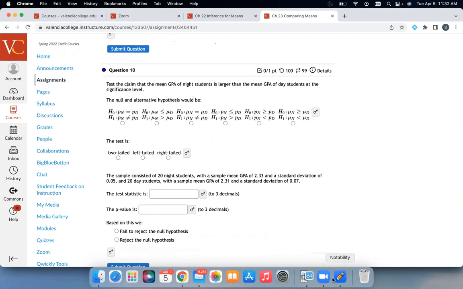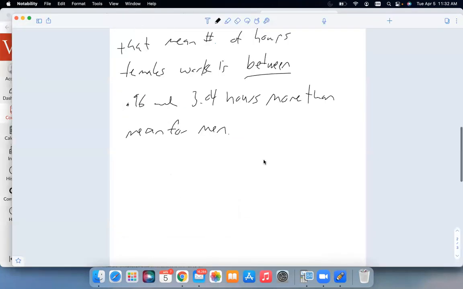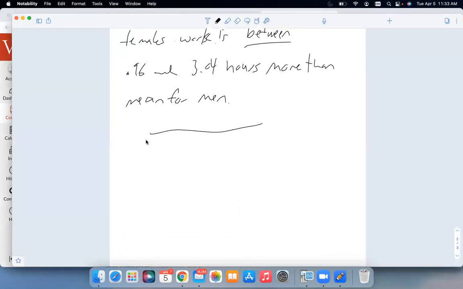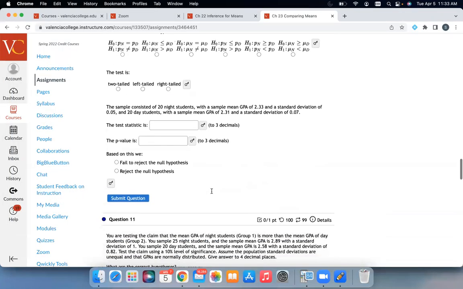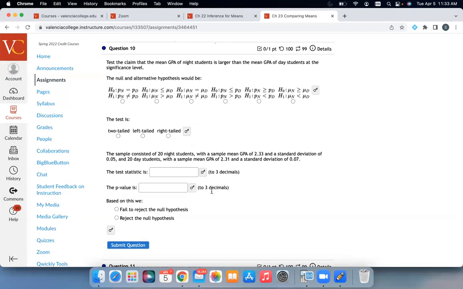The first thing we're going to do is define our variable. So let mu be the mean GPA. Are they going to let me? Yeah, they're going to let me choose who I want to be group one. They use symbols instead of 1 and 2. I'm going to write this out using 1s and 2s, and then we'll translate it back to what we have here.